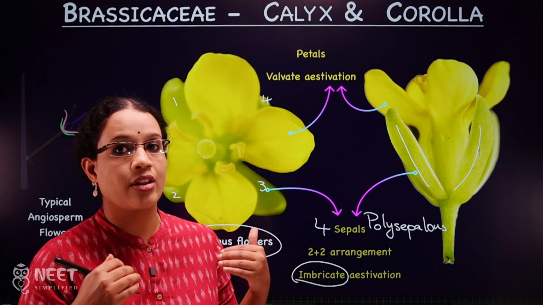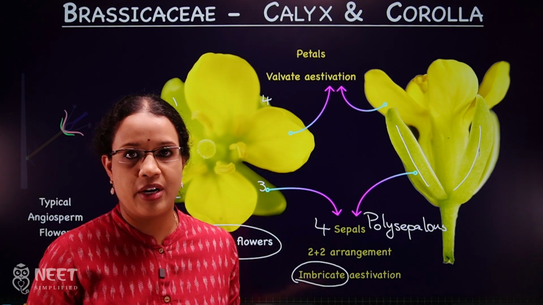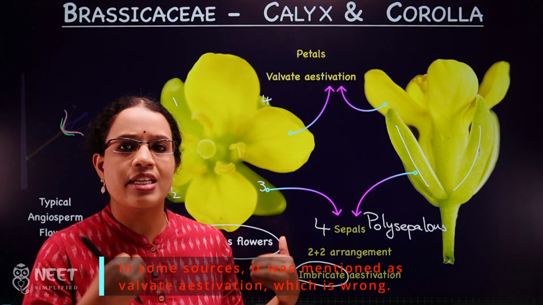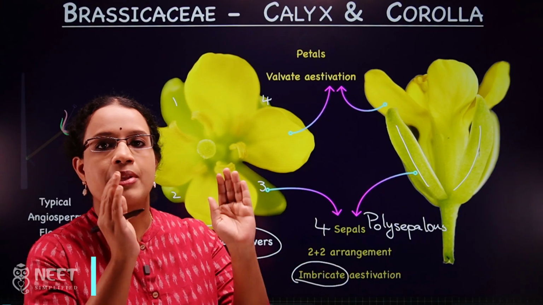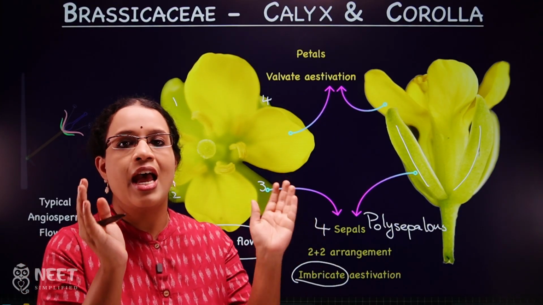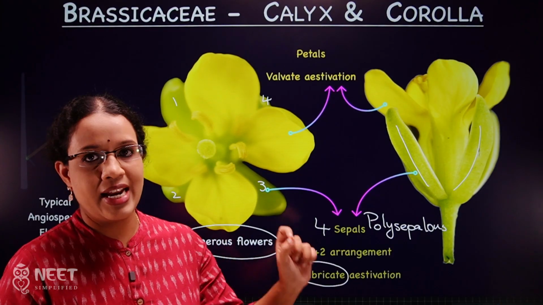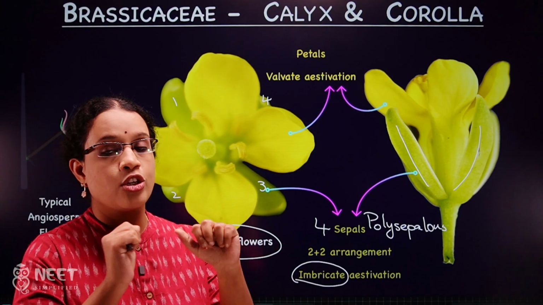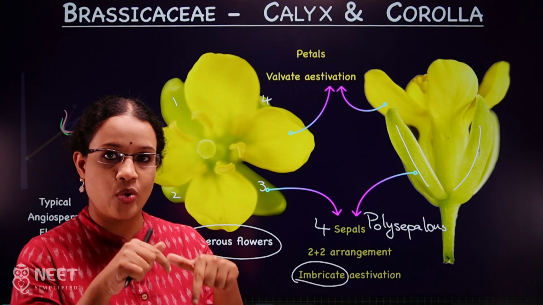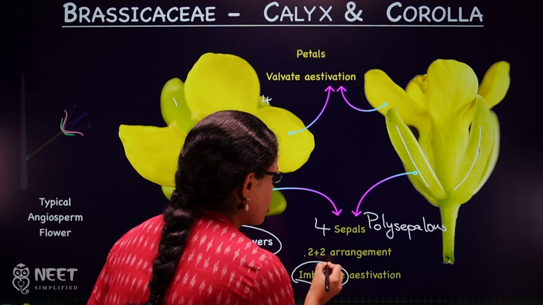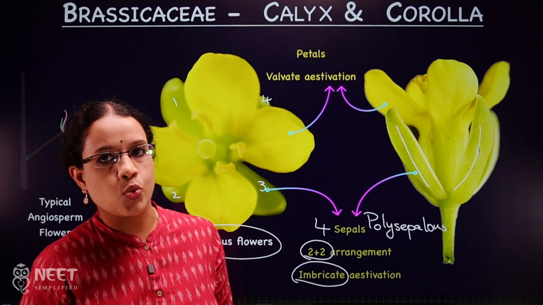That means there is no specific arrangement, as we can call that here. It is just that 2 of the sepals are present towards the outside and 2 of them are towards the inside. So that is imbricate estivation. As we are seeing 2 outside and 2 inside, we call them a 2+2 arrangement as well.